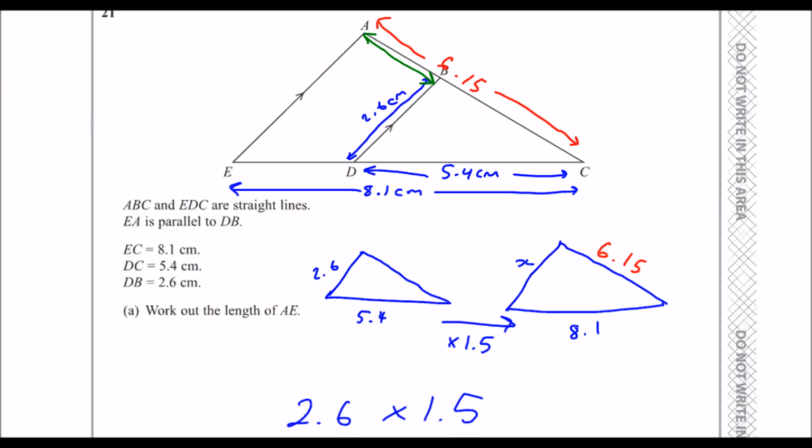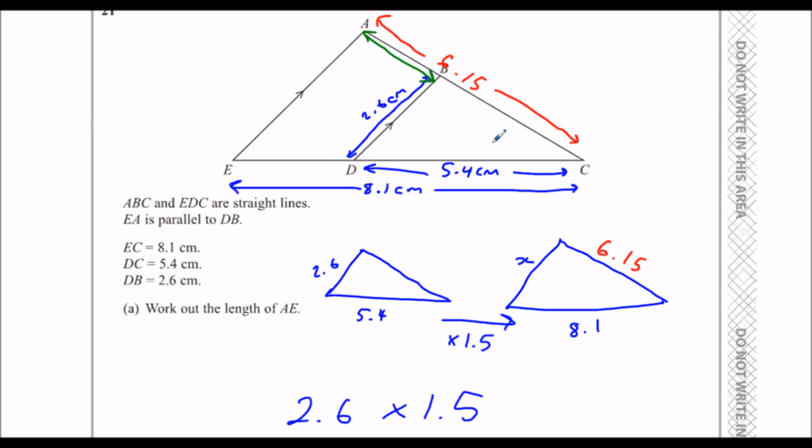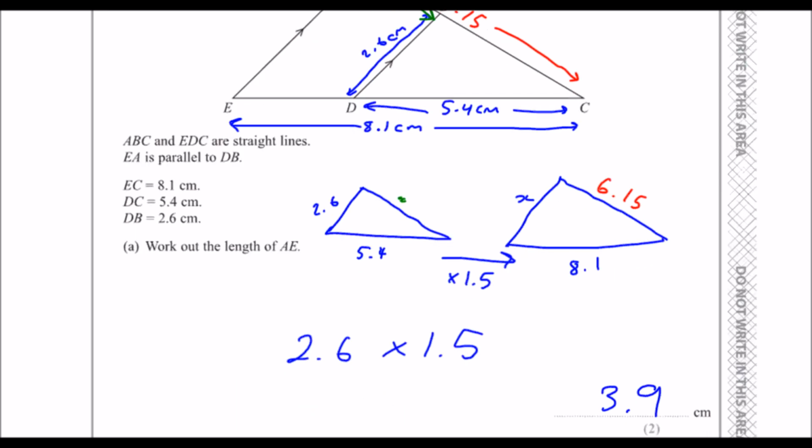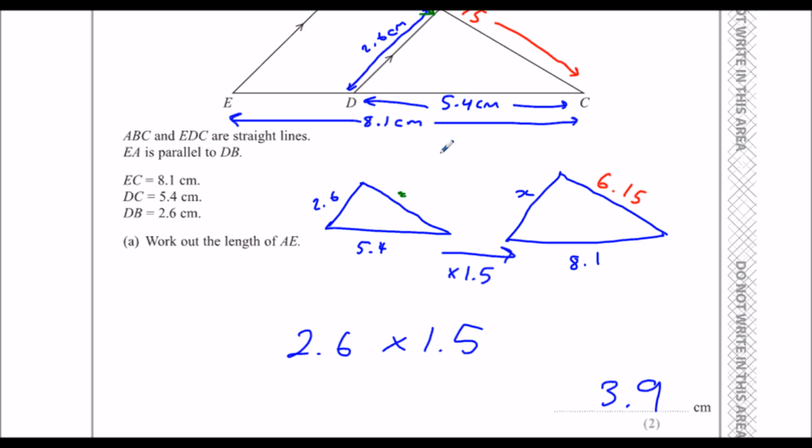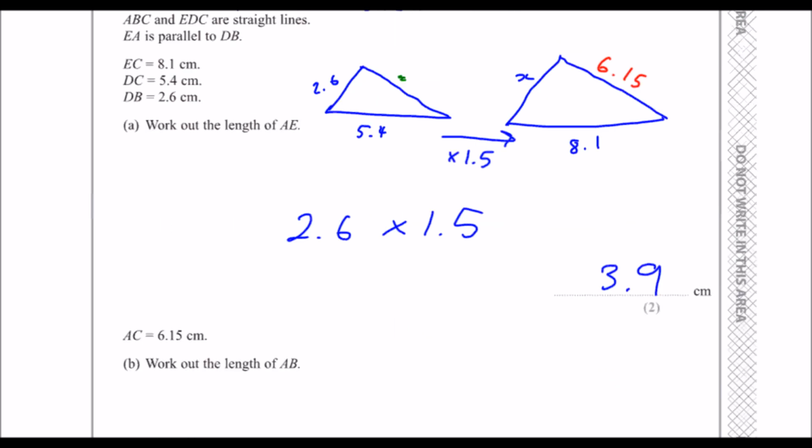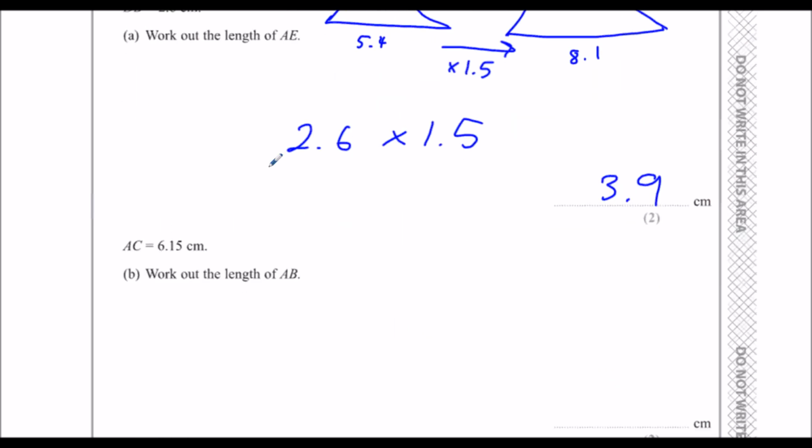So let's work out B to C first. To go from the big shape to the small shape, we divide by 1.5. So 6.15 divide 1.5 is 4.1.